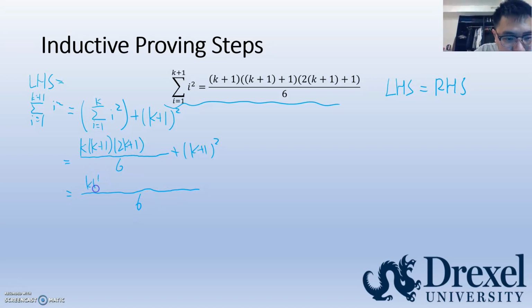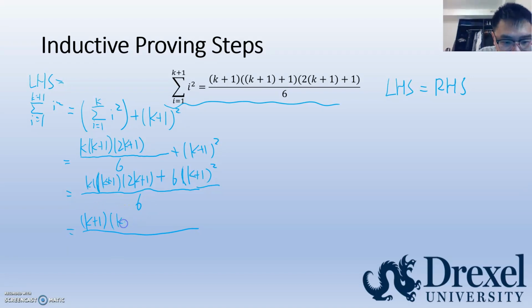So I basically multiply 6 to the denominator of the second term, and it also equals, and here I factor out k plus 1, and what is left behind I just copy.